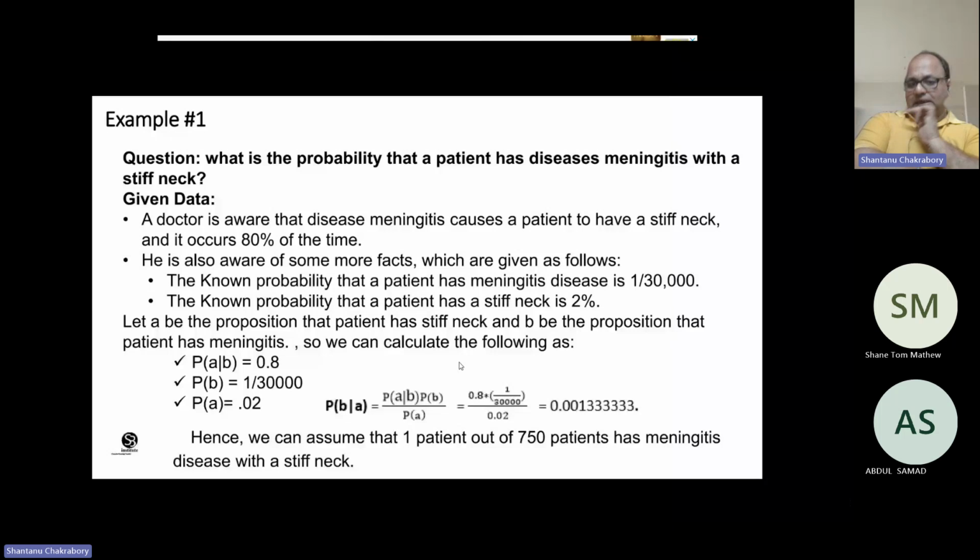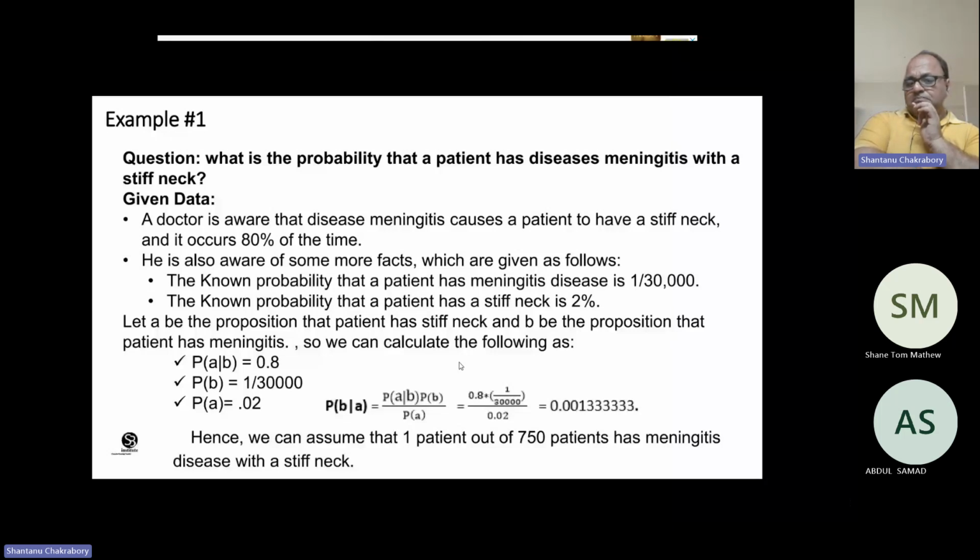So that is 0.8. How many patients will have meningitis? 1 out of 30,000. And what is the probability the patient has stiff neck? 0.8 into 1 by 30,000 into 0.02. So that gives us that one out of 750 patients has meningitis disease with a stiff neck.